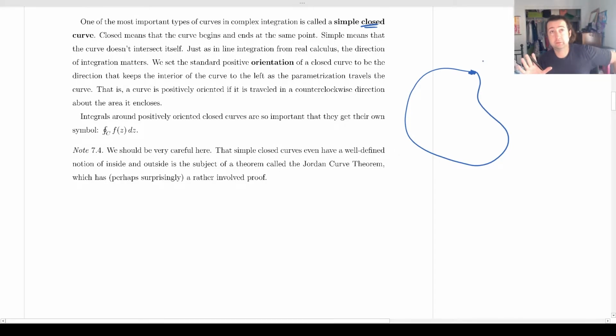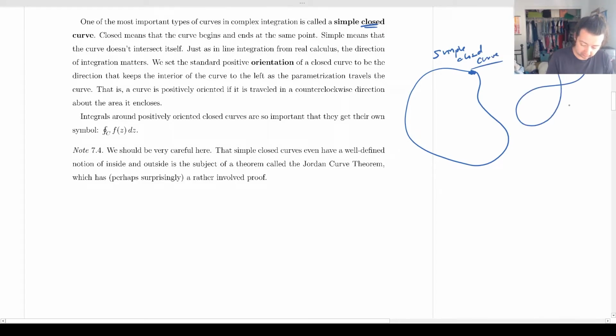Closed curves don't eliminate the possibility that a curve might be self-intersecting. So is this simple? Yes, this is an example of what's called a simple closed curve, because it doesn't intersect itself. It's also possible that you could have a closed curve that looks like this, where you've got a self-intersection.